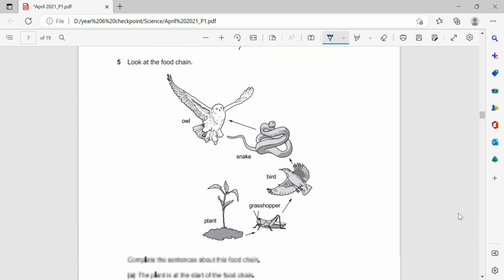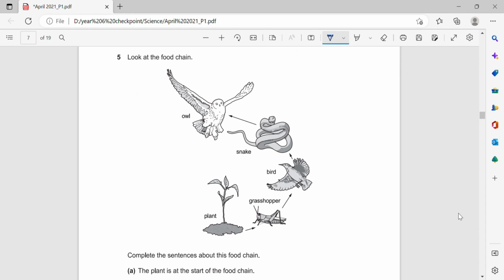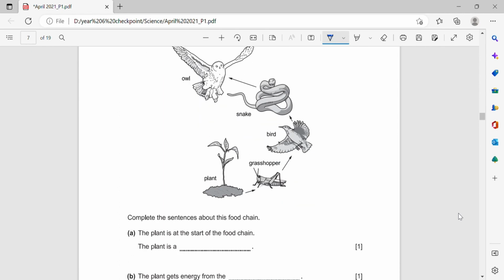Next question. Look at the food chain. Let's remember together what a food chain is. The food chain is a feeding relationship. Complete the sentences about this food chain. The plant is at the start of the food chain. The plant is a what? Great, it's a producer.